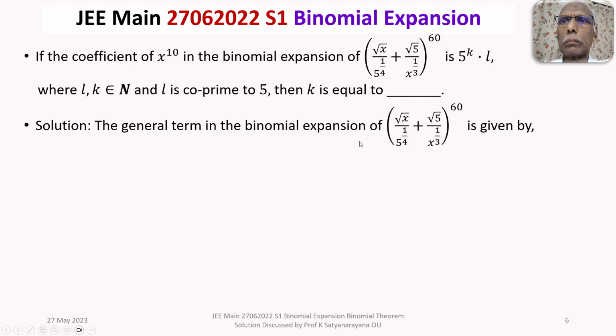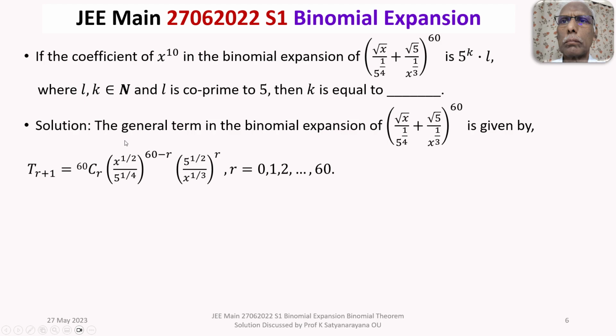The general term is given by T(r+1) is equal to 60 C r multiplied by (root x by 5 to the power of 1 by 4) to the power of 60 minus r, that is same as (x to the power of 1 by 2 by 5 to the power of 1 by 4) whole to the power of 60 minus r, multiplied by (root 5 by x to the power of 1 by 3) whole power r. It is same as (5 to the power of 1 by 2 by x to the power of 1 by 3) whole power r, where r varies from 0 to 60.